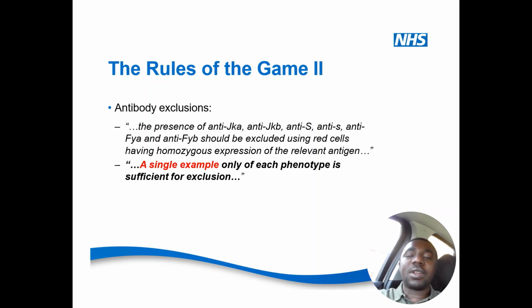You need to confirm the presence of some of these antibodies. Okay, that talks in terms of whether it is a homozygous or heterozygous antibody. But in this particular video, I'm not going to be talking about heterozygous or homozygous. That will be part 3. Okay, so that's why I want you to watch it in order, because when we get to homozygous and heterozygous, you're going to see some more complicated things.